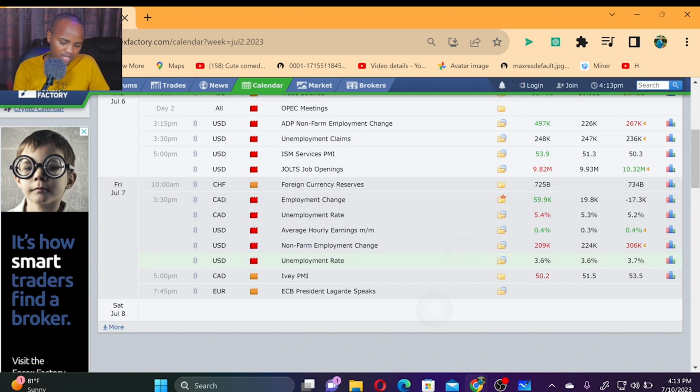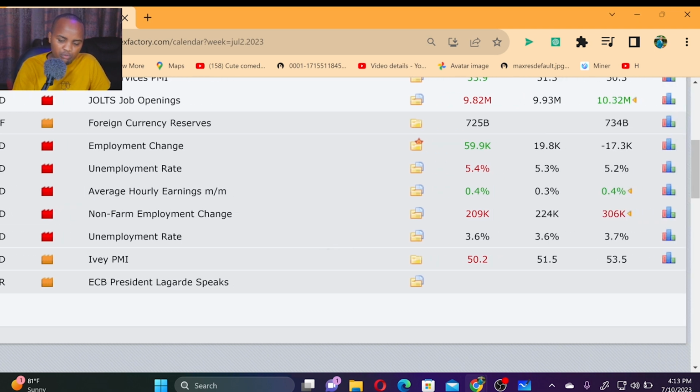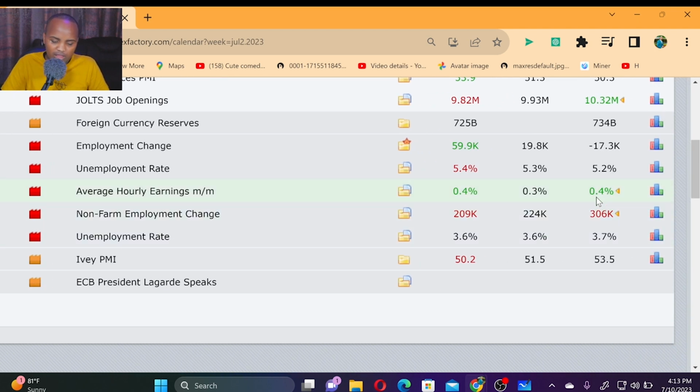This data is known as non-farm employment change, that is NFP. Previously it was 306, okay? Previously it was 306, and now we have 209.